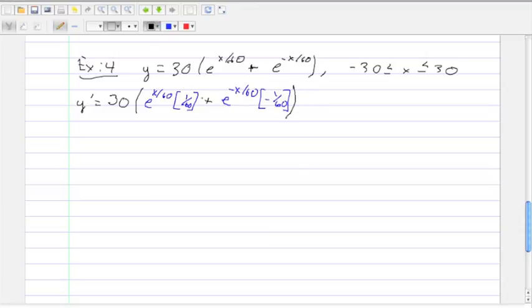Notice you can factor out 1 over 60 from both of these and change this plus to a negative because of this minus. So then this becomes 30 over 60 times e to the x over 60 minus e to the minus x over 60.